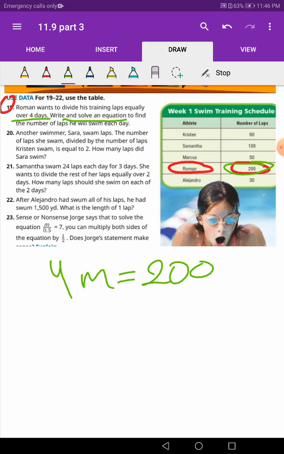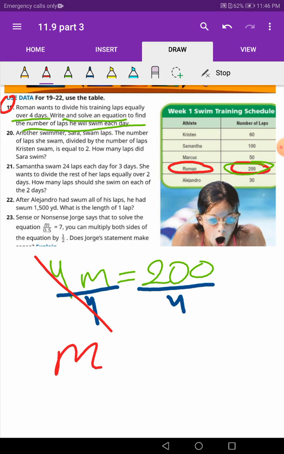We already wrote the equation to find the number of laps he swam every day. So in order to see how many laps he swam every day, we need to solve this equation. Since we have 4 times m, we need to undo this by dividing by 4. I wrote it in a fraction form. You cancel them. m equals, what's 200 divided by 4? You're right, it's 50.